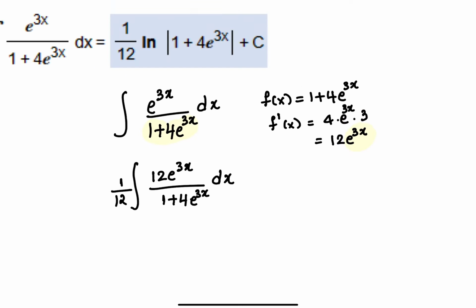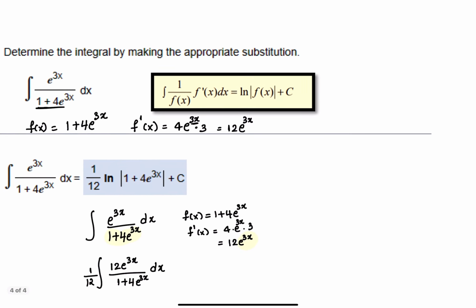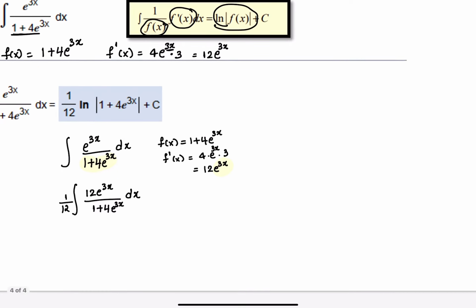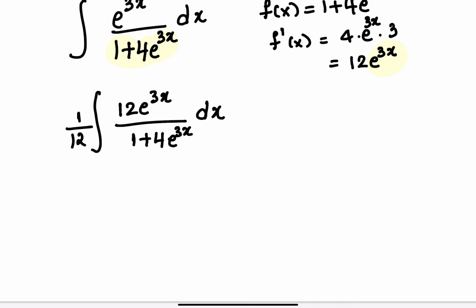And now you will use your formula, which is 1 over the function times the derivative is simply the log of that function. So this is simply 1 over 12 ln of 1 plus 4 e to the power 3x, plus c.